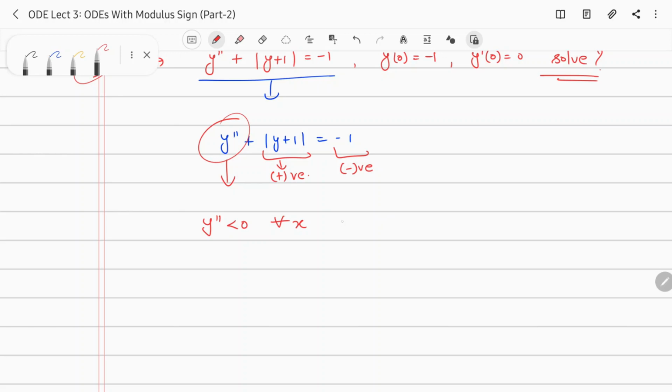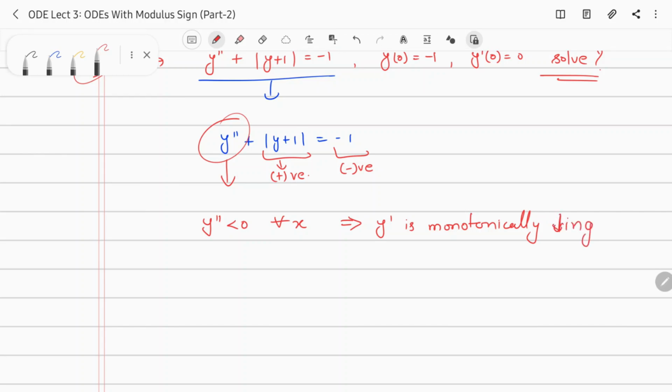So now, y'' less than 0 for all x will imply that y' is monotonically decreasing, because y'' is less than 0.